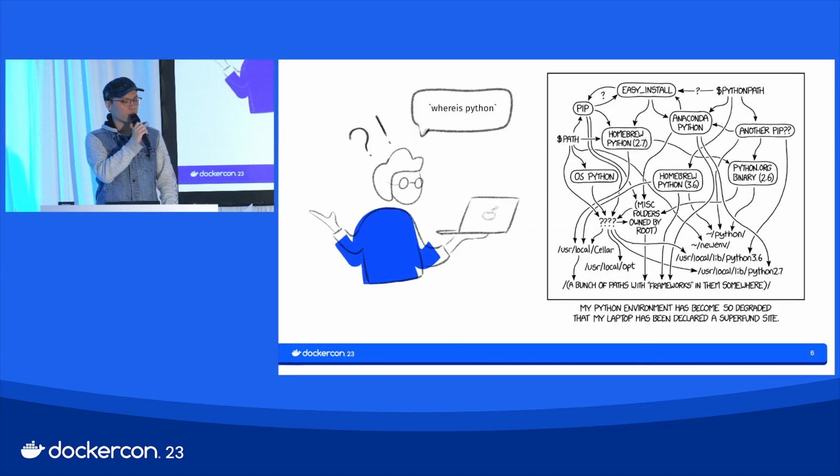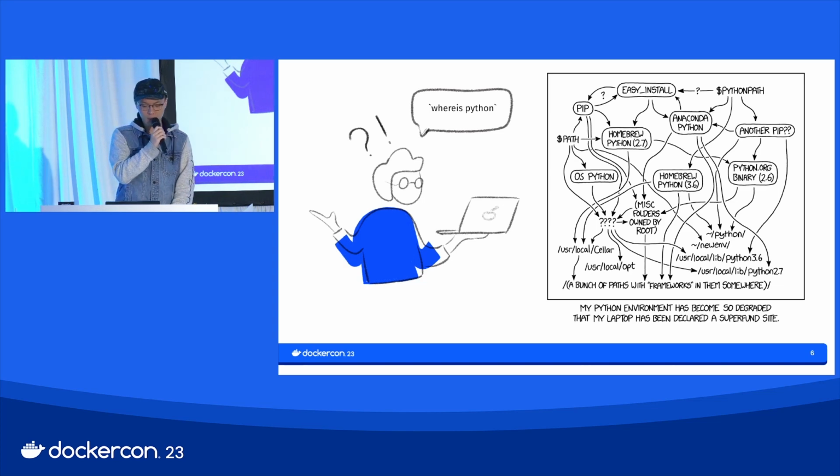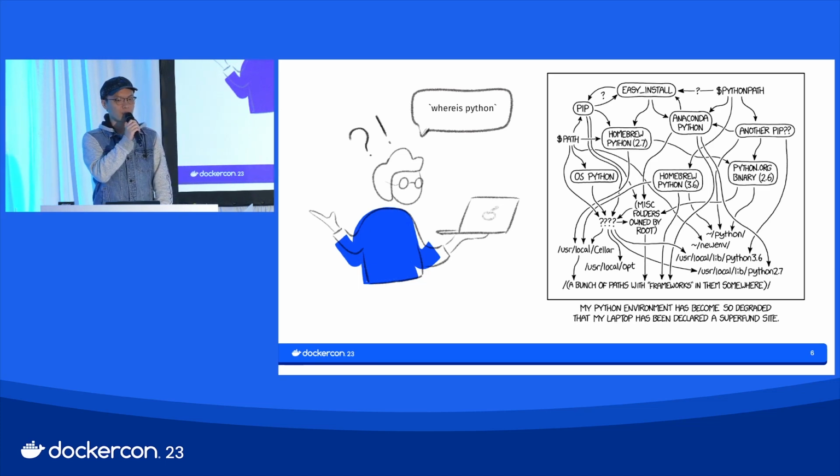So here's a figure showing the complexity of the Python ecosystem. With only Python, usually on people's development machines, such as macOS, you have multiple Pythons on your laptop: the system built-in one, the Homebrew Python, virtualenv or pyenv, and many times you don't know which Python you actually need.